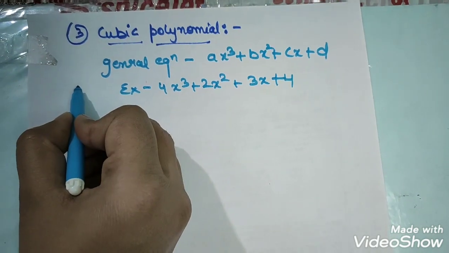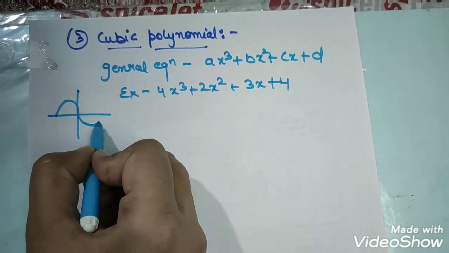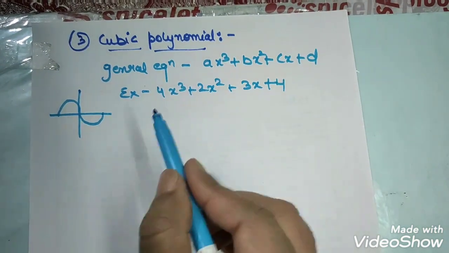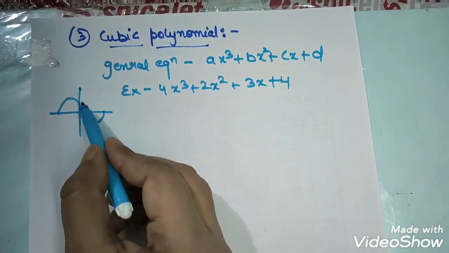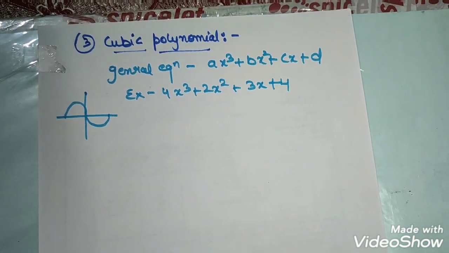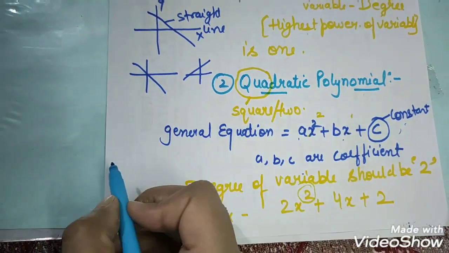And the graph we plot for this always moves like a wave. When you plot a graph for a cubic polynomial, it will be like a wave, up and down. And one more thing, I forgot to tell you about the graph of a quadratic polynomial.